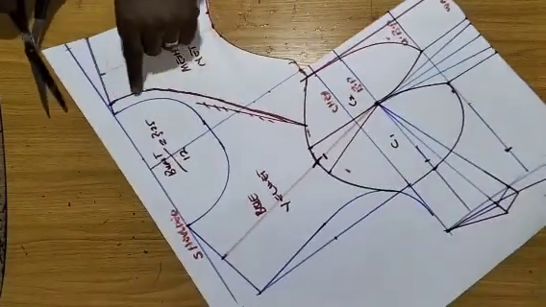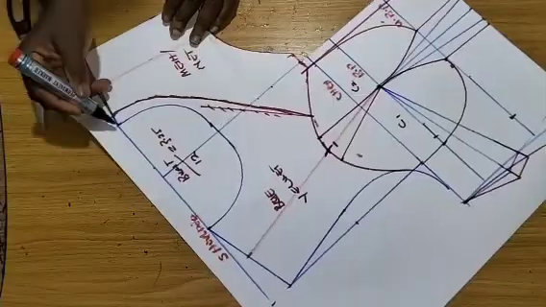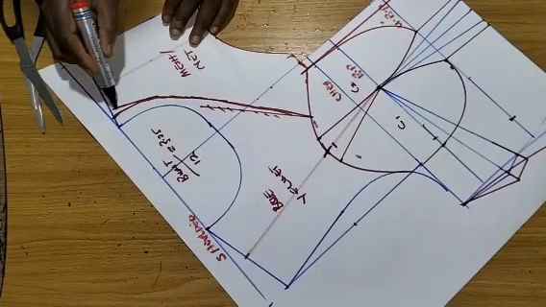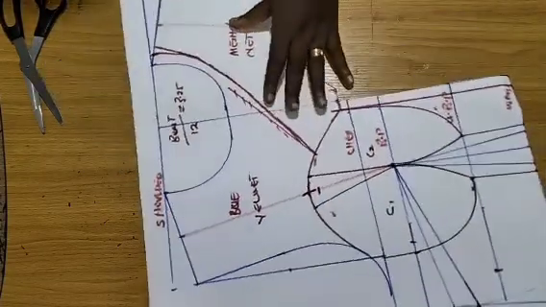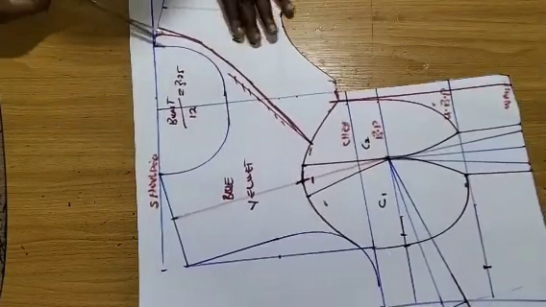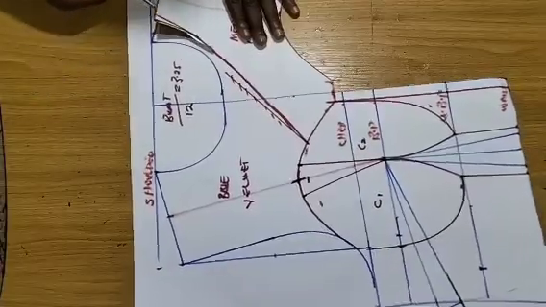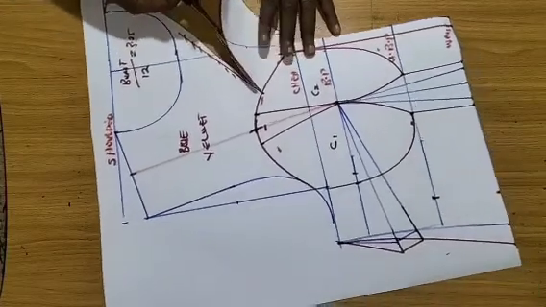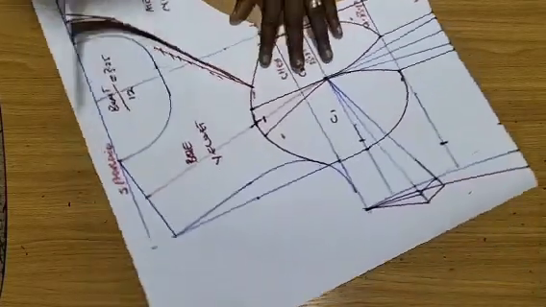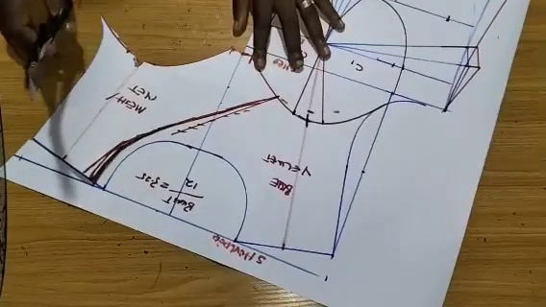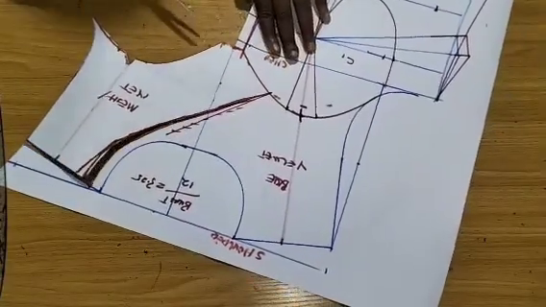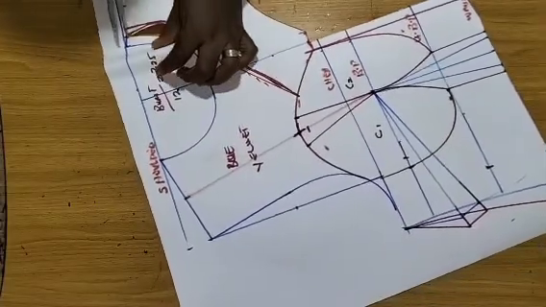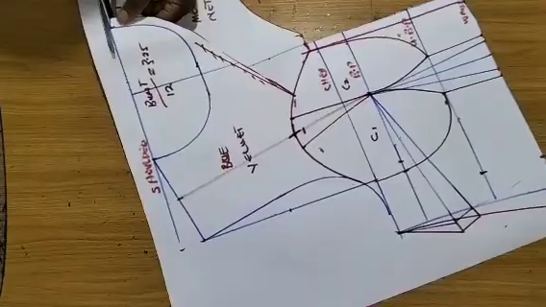Okay, so because this part looks curvy to me, you can also step out a little more, maybe by 0.25, just a little, if you're not too comfortable with what is happening. Or let's still go. It's okay. So it's not too big at that point. So I'm separating the two yoke. Okay, so I hope you will not get confused with the yoke I'm separating here. This one will go into the neckline.